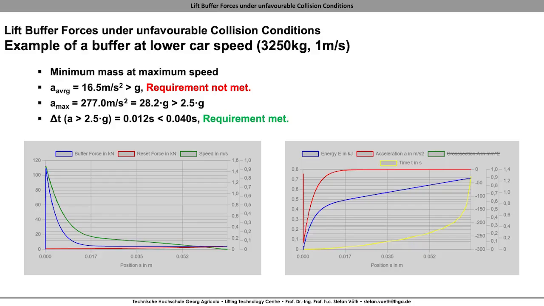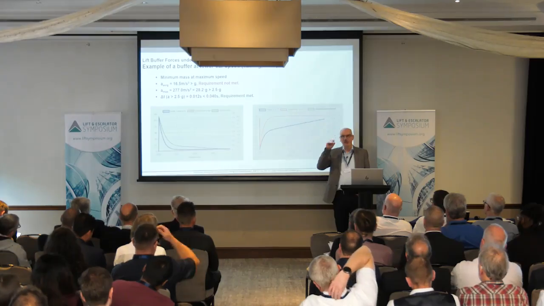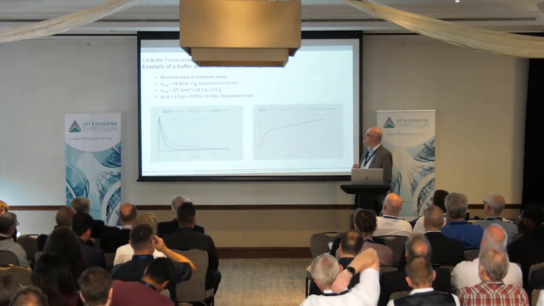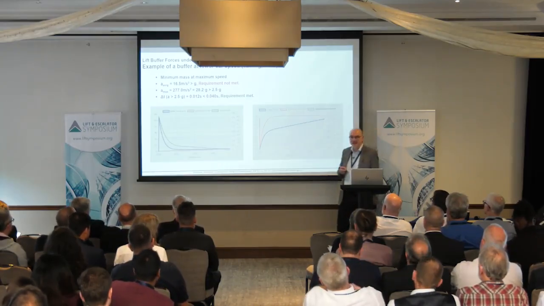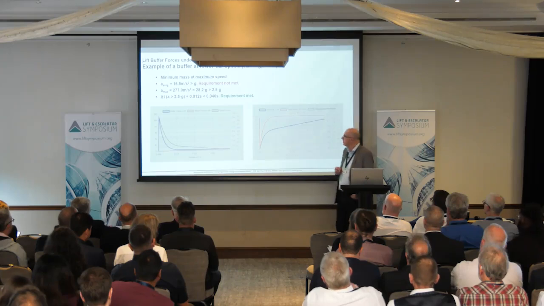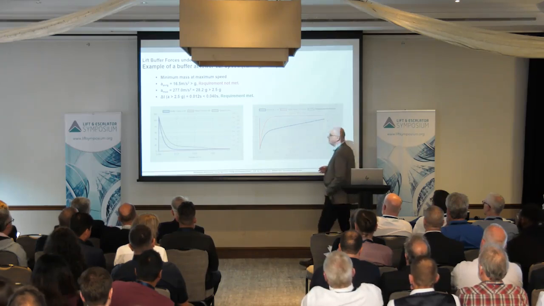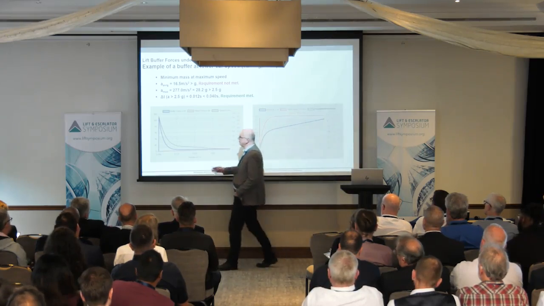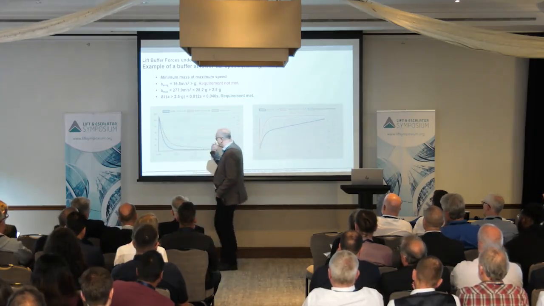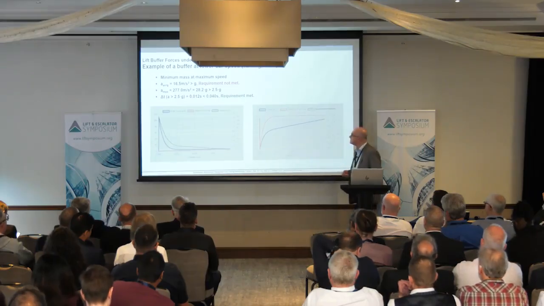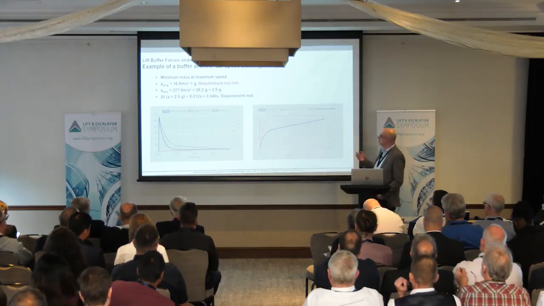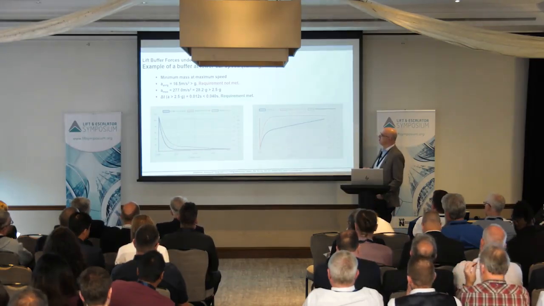But now I take this lift, considering the situation that the speed governor is acting. We already have some higher speed. Looking at such a situation, you see the decelerations get even higher. You get very high peaks of buffer forces in the beginning, this blue one, and accordingly high decelerations, but they act for a very short time.